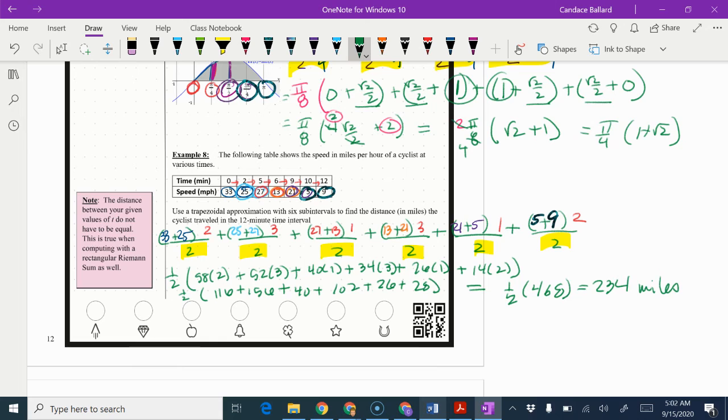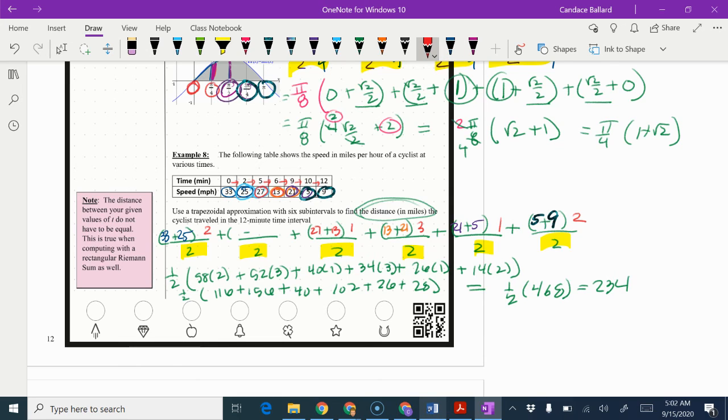Wait a minute. Let's see what it said. Find the distance in miles. Okay, that's not the miles, is it? That's the miles per hour times, we need to deal with, these were minutes. Oh, I erased and I shouldn't have, sorry.